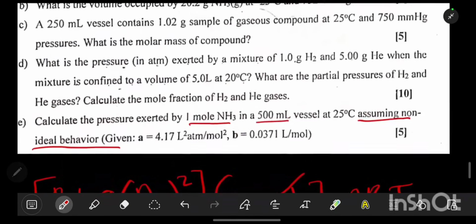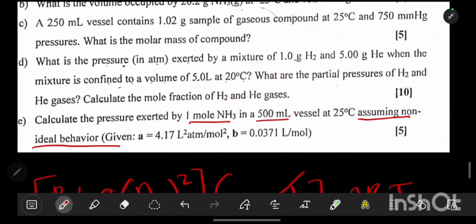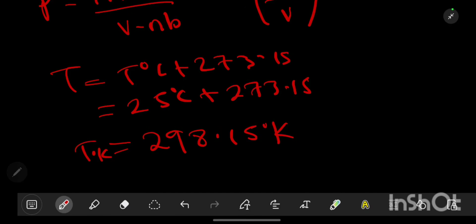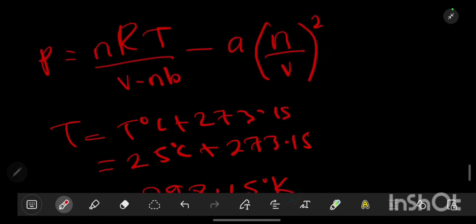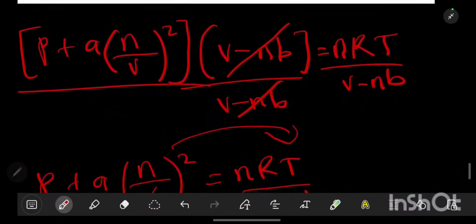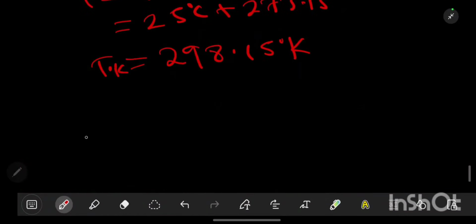So when we add that, 273 plus 25, this is going to give us 298.15, like that. So this is the temperature in Kelvin. So after we do that, we are going to substitute.